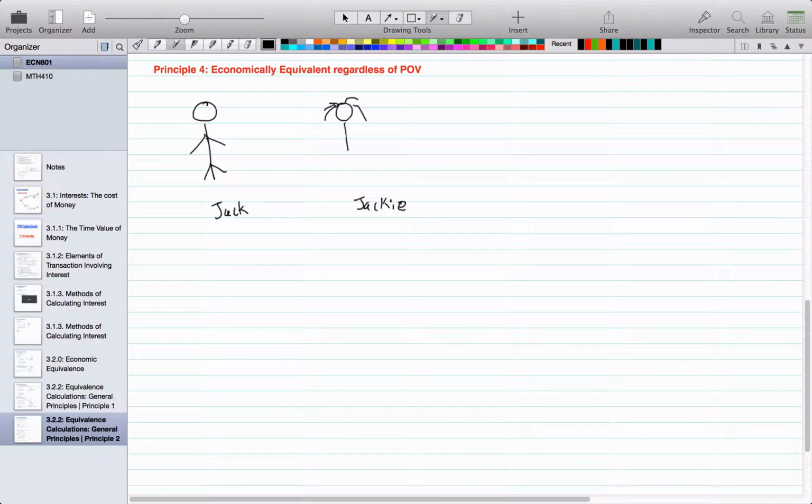My drawing isn't the best, so I'll try my best here. So Jack is lending $100 to Jackie and she's borrowing from Jack.